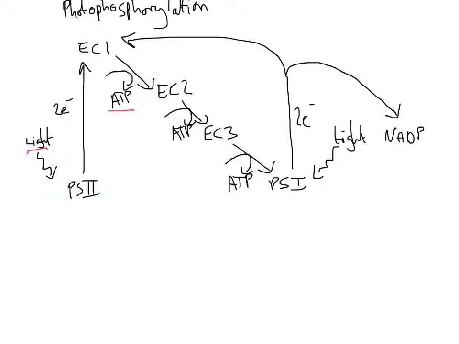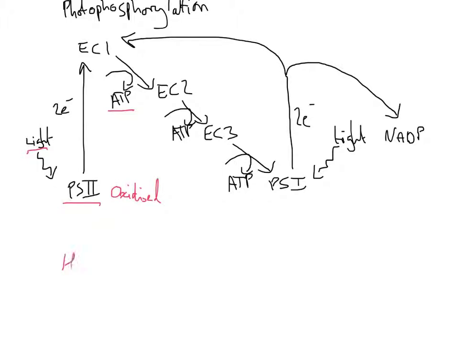But what I want to do is return back to PS2, because PS2 is losing 2 electrons. So PS2 has become oxidized. Now this makes it very, very unstable. It makes it what's known as electron hungry. It wants these 2 electrons back.